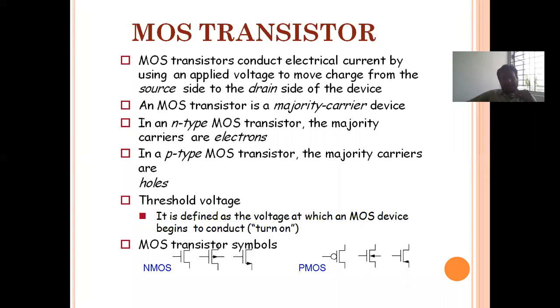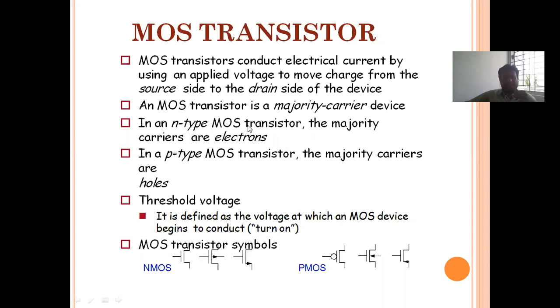So the most popular transistors used are only the enhancement MOSFETs, not depletion. And in the enhancement MOS transistor, we get two types, N-type and P-type.